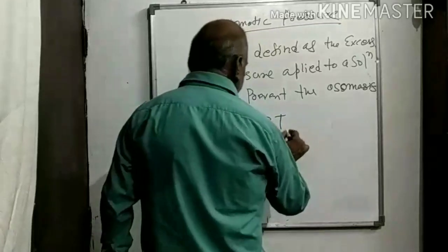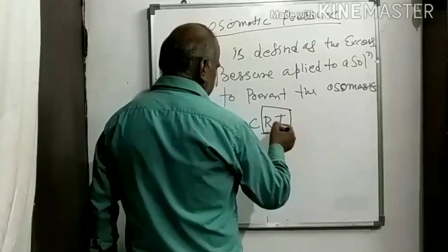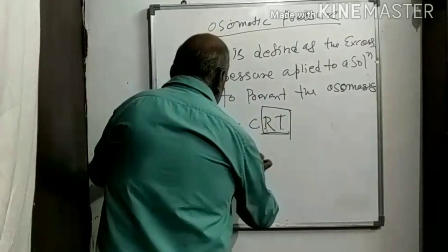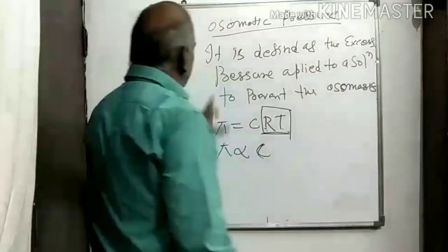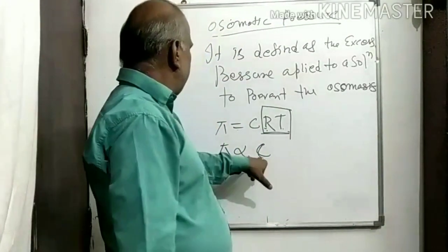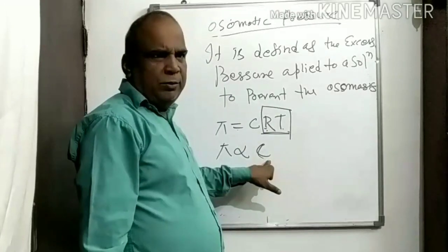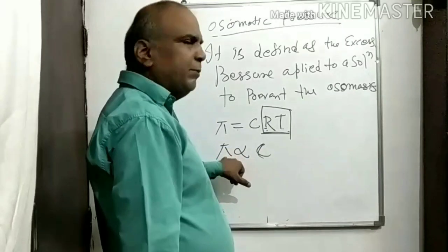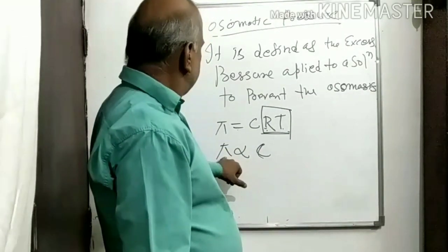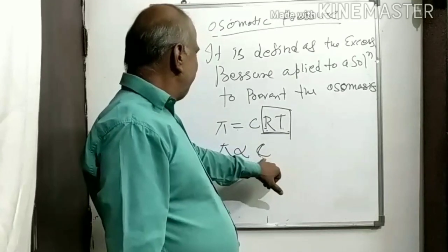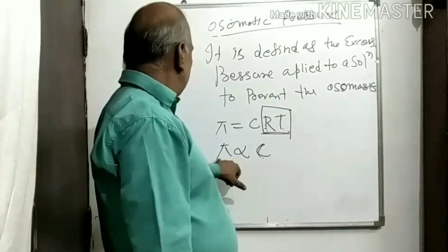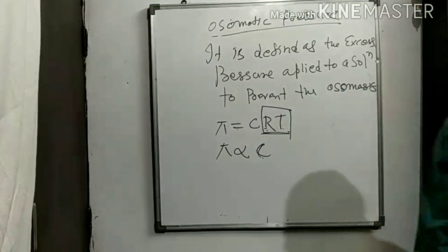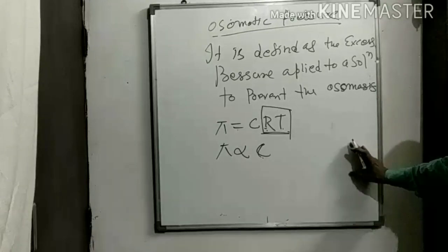As you know, at constant temperature, R and T will be constant, so pi is proportional to C. Means osmotic pressure is directly proportional to the concentration of the solution. If the concentration increases, the osmotic pressure will also increase. If the concentration decreases, I mean to say dilution increases, then osmotic pressure will also decrease. It is clear now.